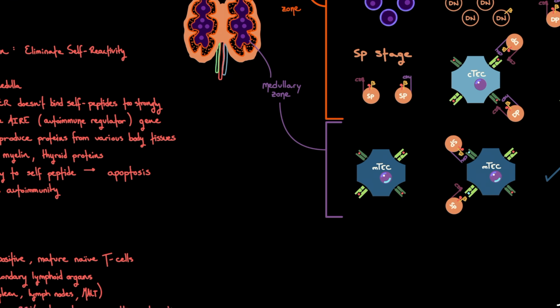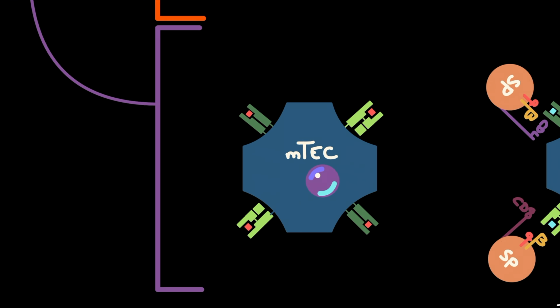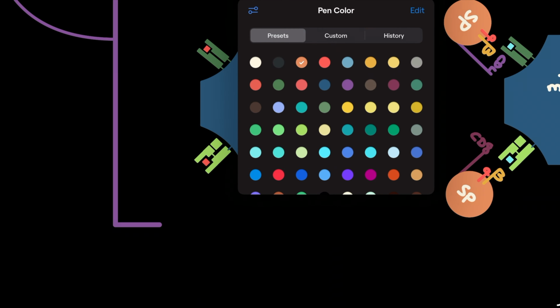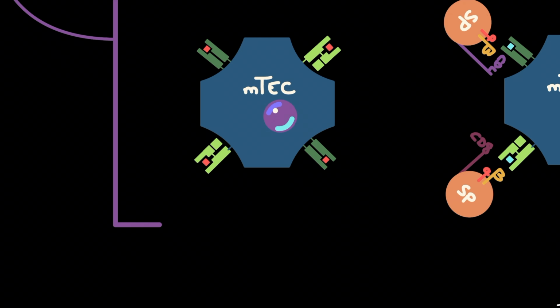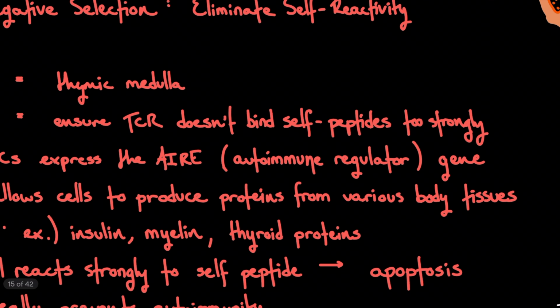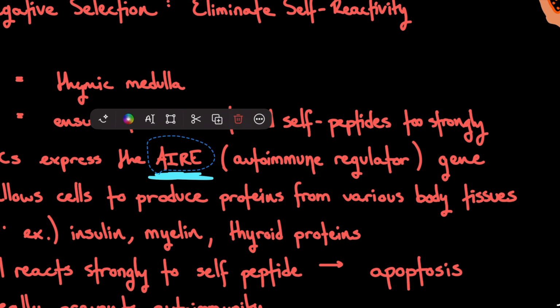The medullary thymic cells can express something really cool here. I've marked their nuclei with this blue. And in that blue, they can encode an enzyme called AIRE. AIRE is autoimmune regulatory enzyme. Go ahead and change that to blue.